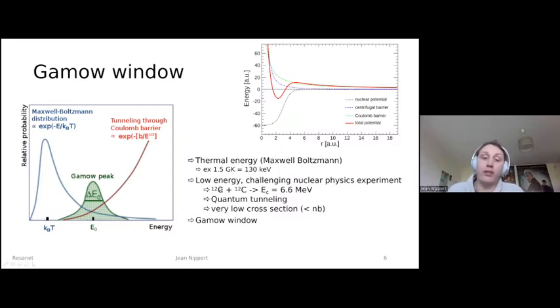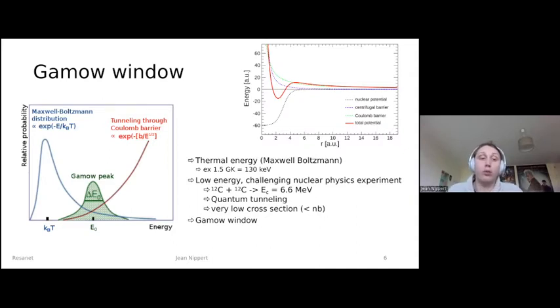If you compare it to the carbon-12 plus carbon-12 Coulomb barrier, which is 6.6 MeV, you see that the reaction will have to go through quantum tunneling, and that leads directly to very low cross-sections.